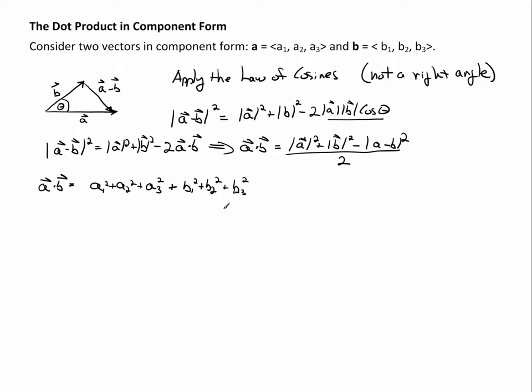Now I need the magnitude of A minus B squared: A1 minus B1 squared plus A2 minus B2 squared plus A3 minus B3 squared. And this is all multiplied by a half, which we will hold on to for a while.